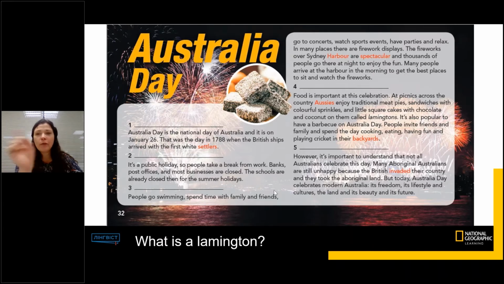Just scroll the text very quickly and find this word and try to figure out what it means.